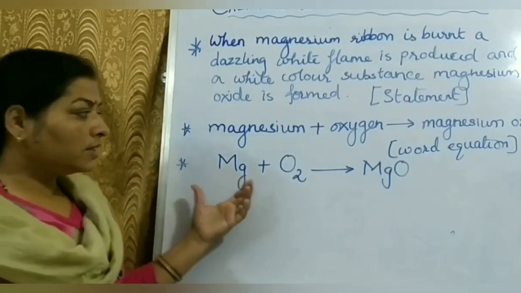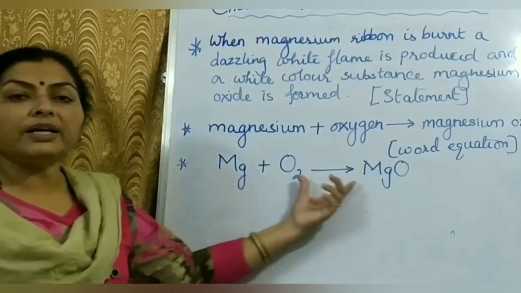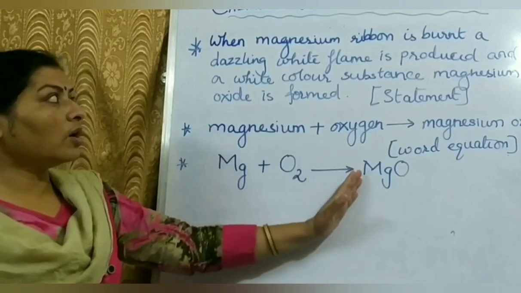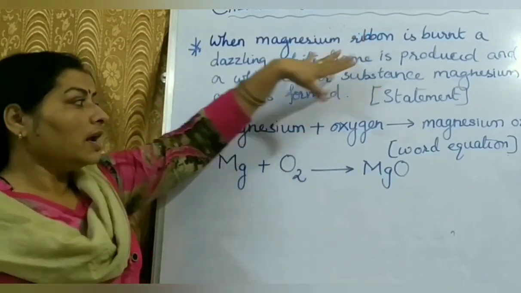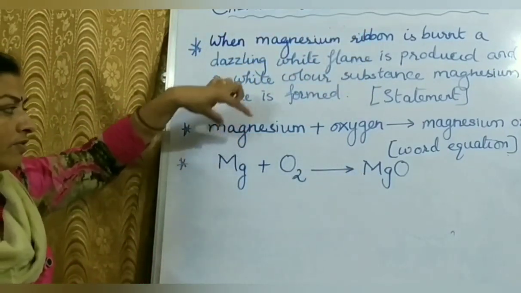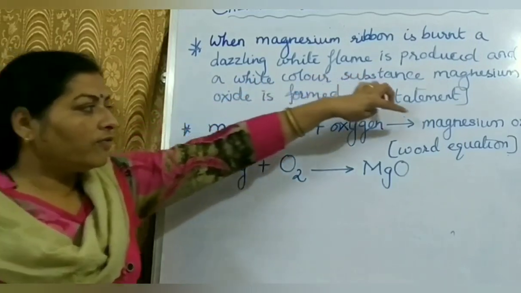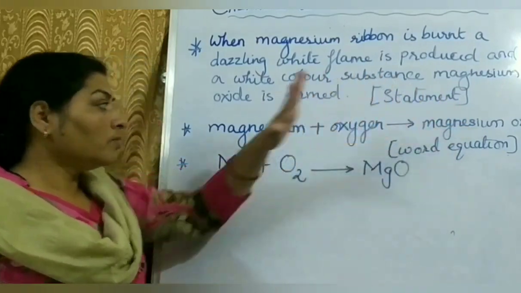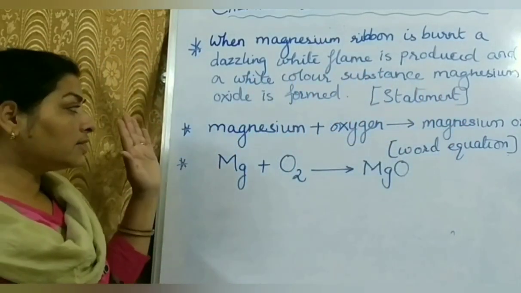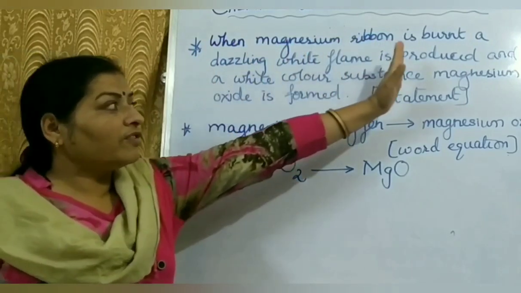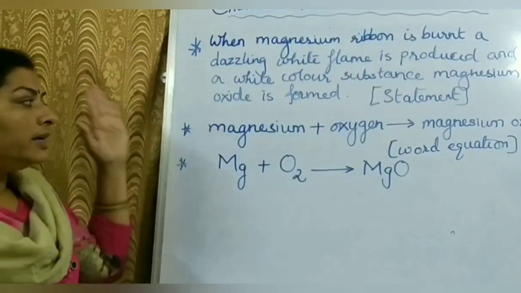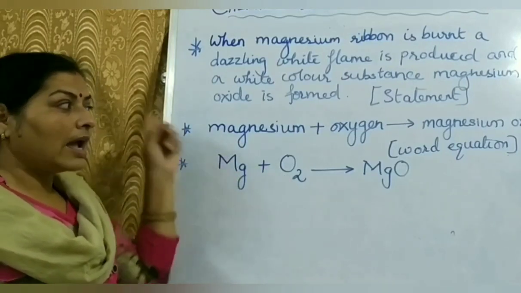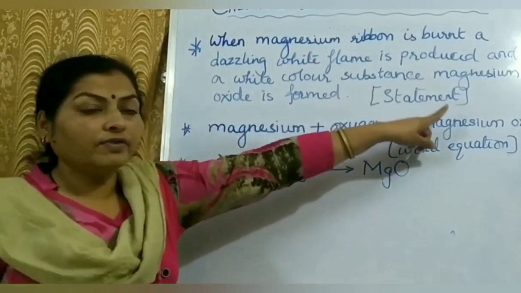So what is this? We can call this a chemical equation. So what is a chemical equation? It is a representation of a chemical reaction in terms of symbols of elements and formulas of compounds.